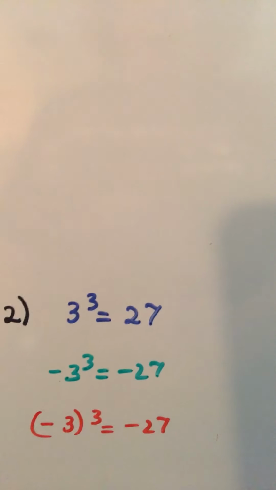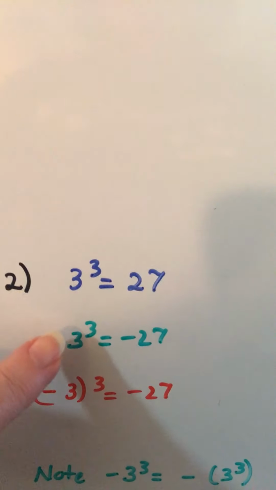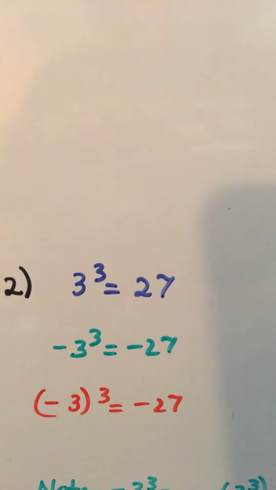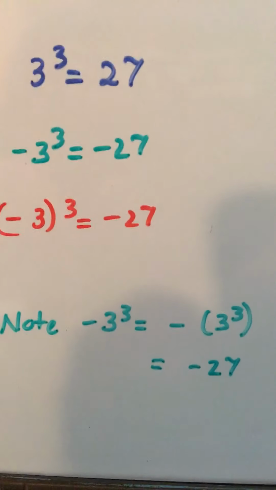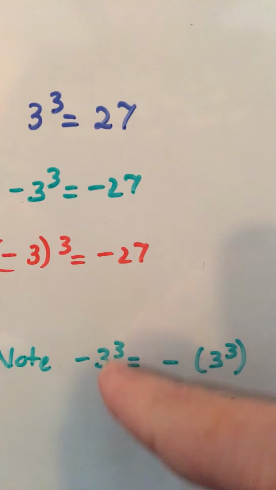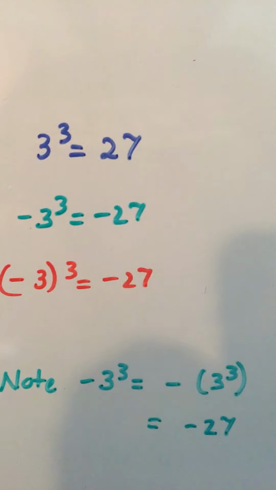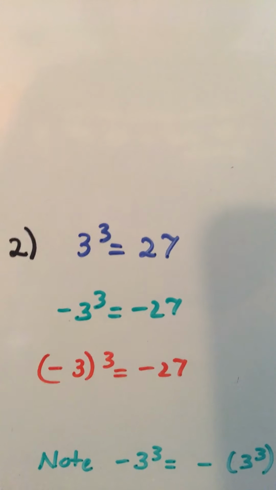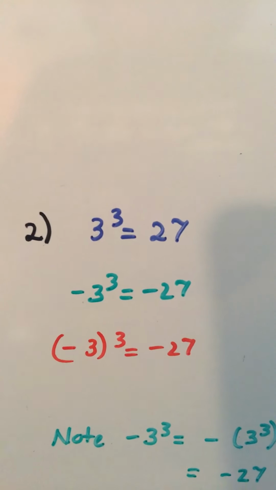3 to the third is 27. Again, ignore the negative sign because you don't see it in a parenthesis. So I have negative times 3 cubed. Same philosophy, it's understood that that's a parenthesis without me writing it, so it is negative 27. And negative 3, when I cube it, is also negative 27.